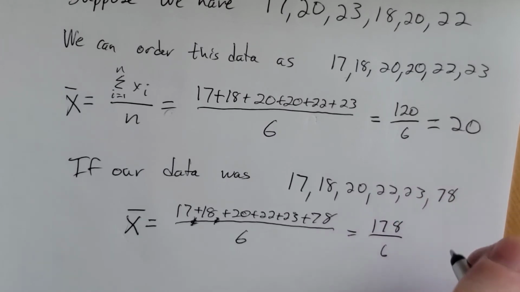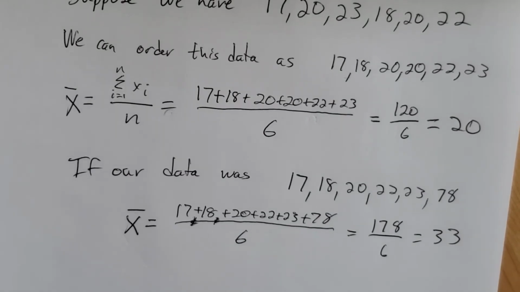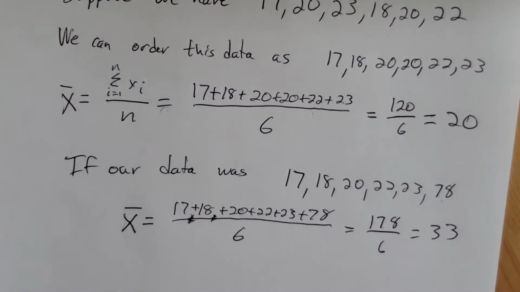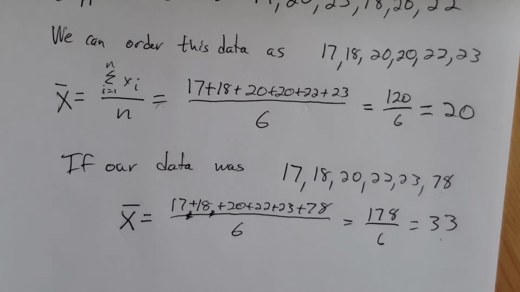Now we divide that by 6, and that value is 33, it looks like. So we see that by changing one value, if there's some extreme value here, our average gets changed by quite a bit, from 20 to 33.